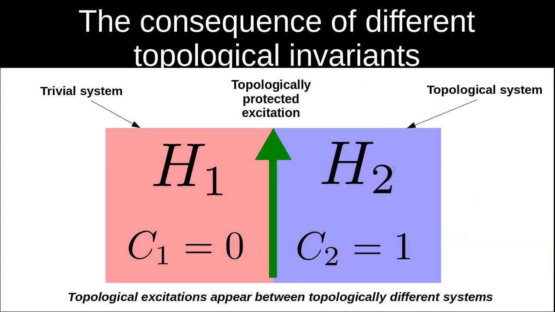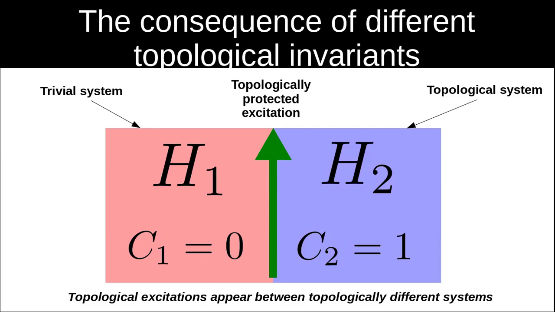And this has a really, really important consequence. Imagine that you have an interface between two Hamiltonians: Hamiltonian number 1 that has Chern number 0 and Hamiltonian number 2 that has Chern number 1. If you think now about defining a local Hamiltonian, a Hamiltonian that changes in space, so that in the very left it is H1 and in the very right you have H2, then the fact that you cannot transform these Hamiltonians onto each other without closing the band gap automatically tells you that you are going to have a gap closing in the middle.